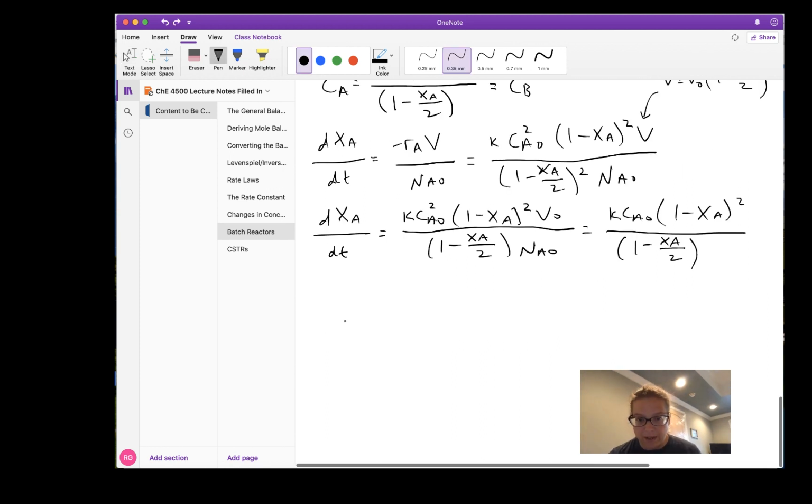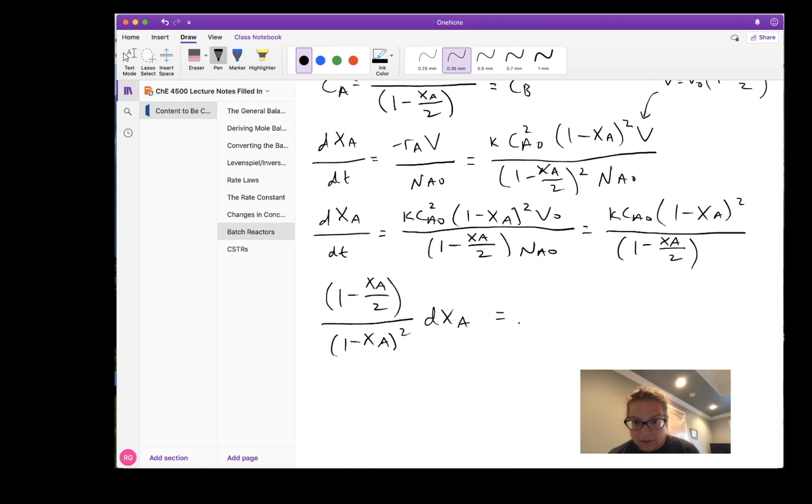Then I'm going to put all of my x terms over here: (1 minus Xa over 2) divided by (1 minus Xa) squared, dXa is equal to K Ca naught dt.